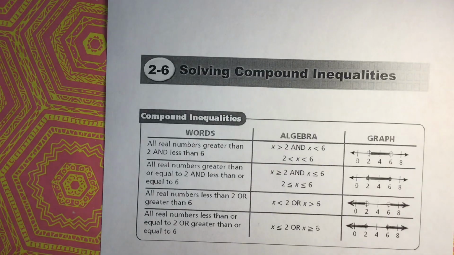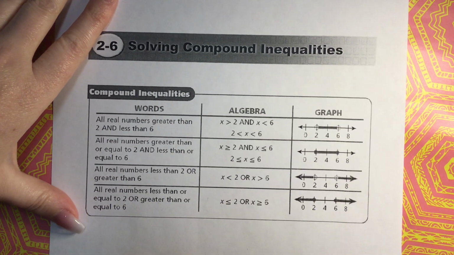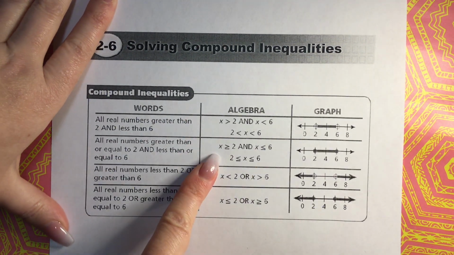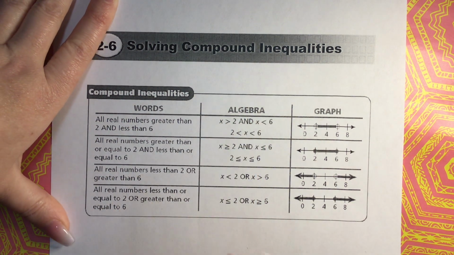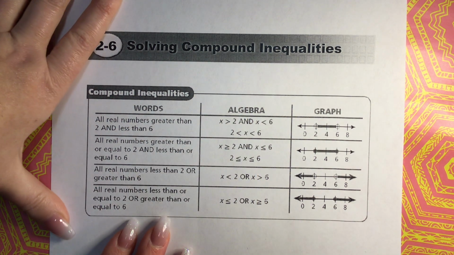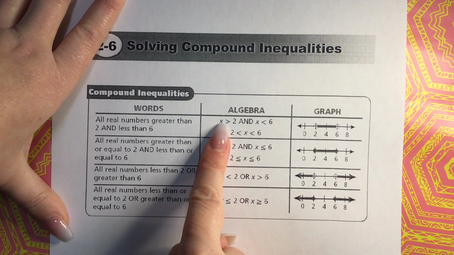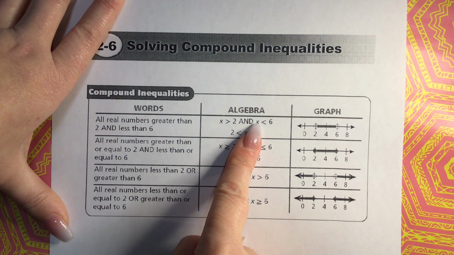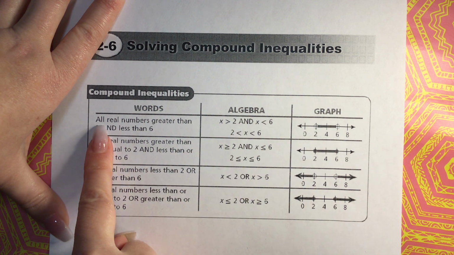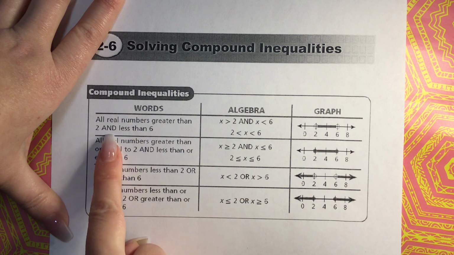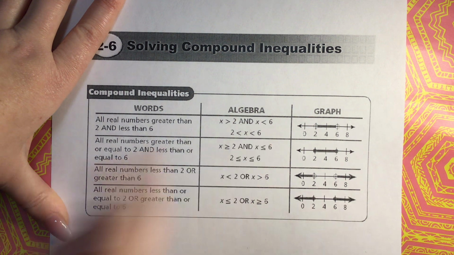So let's just look at this again. This is a table where we have a lot of different inequalities, and this is really where 2 inequalities become 1 compound inequality. So if you have x is greater than 2 and x is less than 6, that means that the solutions are all real numbers greater than 2 and less than 6.